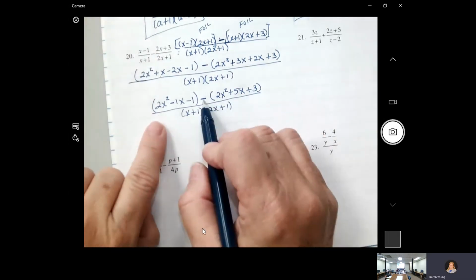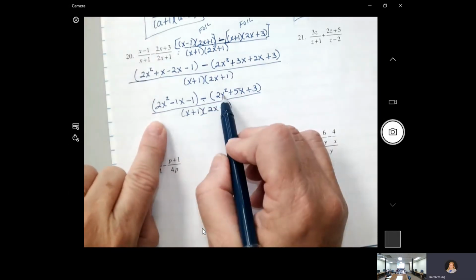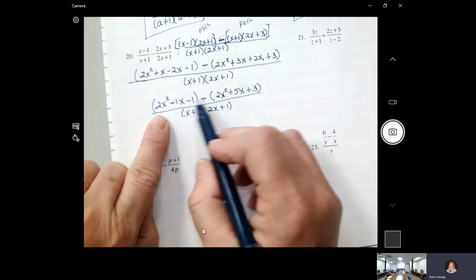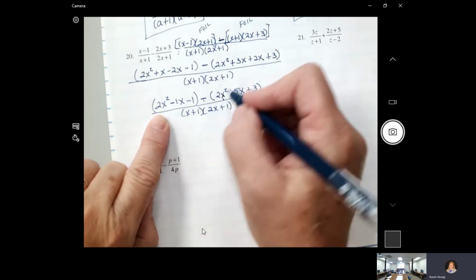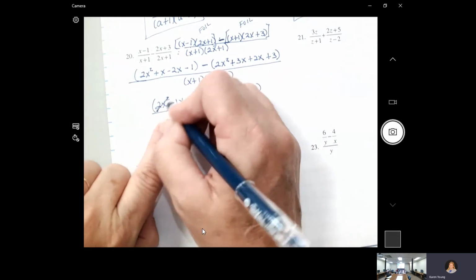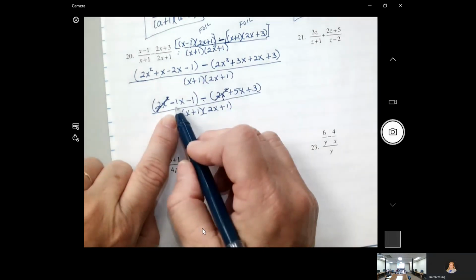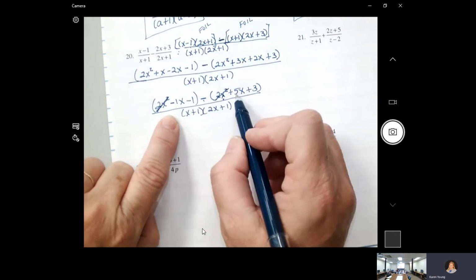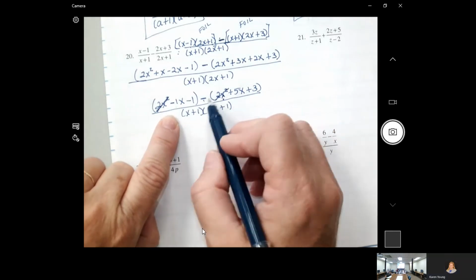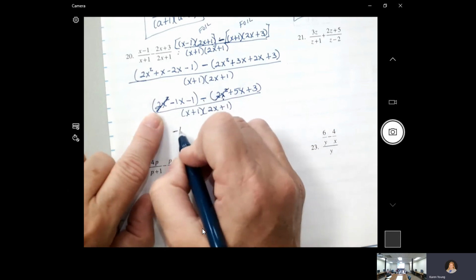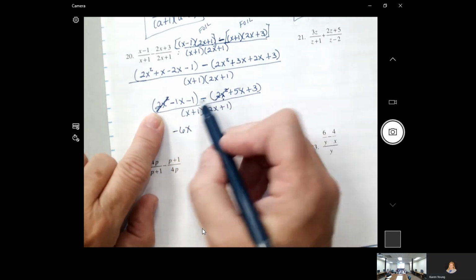Now, since I'm subtracting, I'm doing 2x squared minus 2x squared. So 2x squared minus 2x squared is 0, right? So I can just cancel those out because they become 0. And then negative 1x minus 5x. We've got to do the sign in the middle. Negative 1 minus 5 gives me negative 6x.